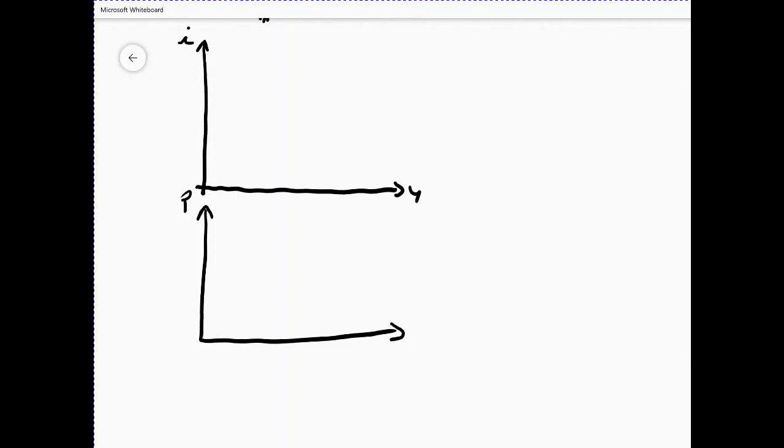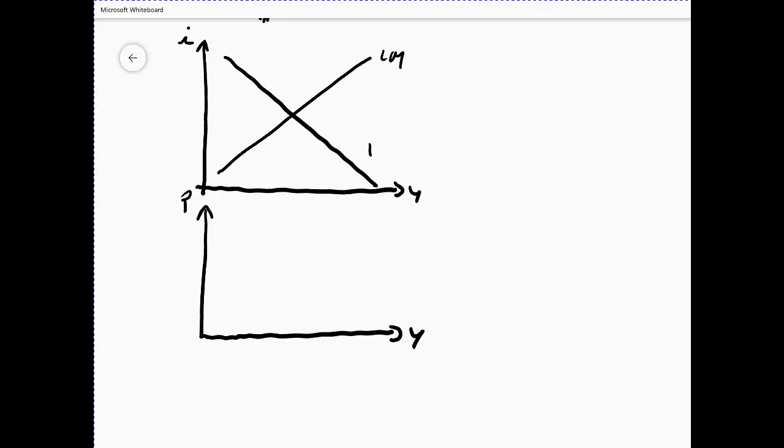Okay, so it wasn't the nicest line ever, so I will try to make it better. So we started in an ISLM, which gave us a certain y1 at a certain p1. We had some kind of line, and this is the AD. This is what we derived.